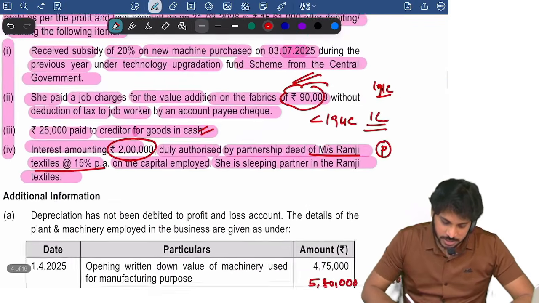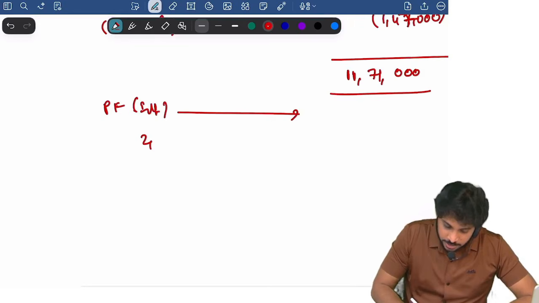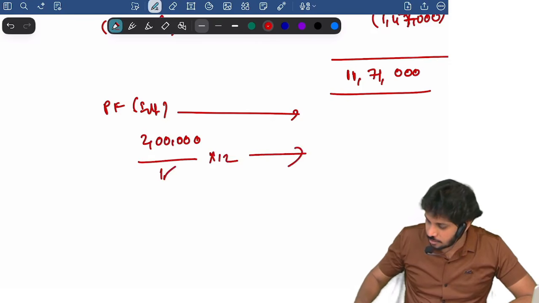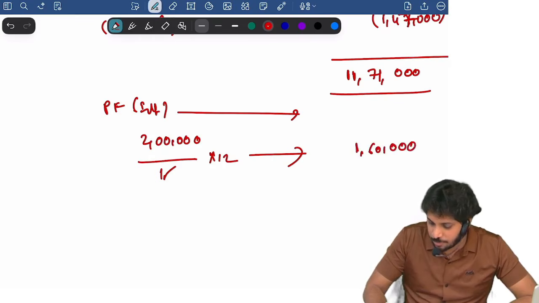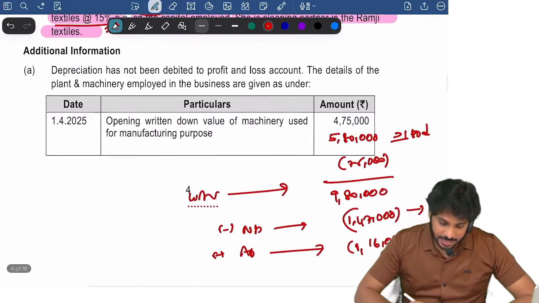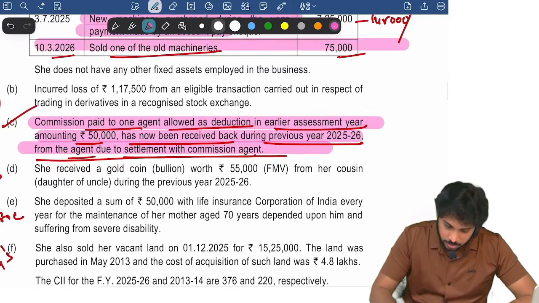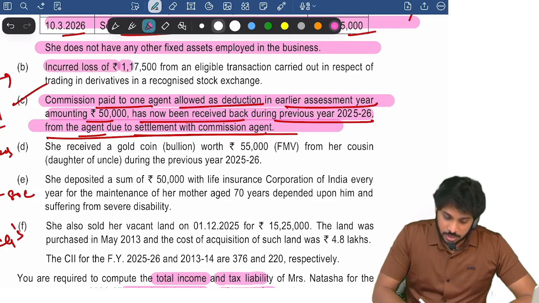Now partnership firm, she is getting interest. How much interest is she getting from the partnership firm? 15%. So she is getting 2 lakhs, which is equal to 15%, but only 12% is taxable. Correct? So 1,60,000 is PGBP income from the partnership firm. Then she has another business. So depreciation logic is considered. Correct? Yes or no? Now, another business incurred a loss of 1,17,000 from eligible transactions carried out in trading in derivatives.